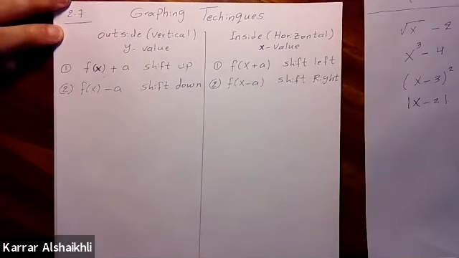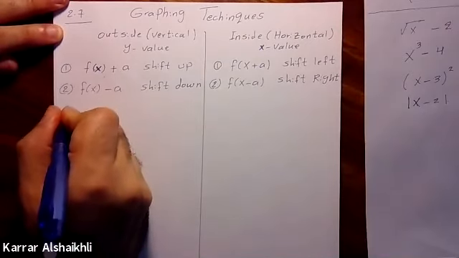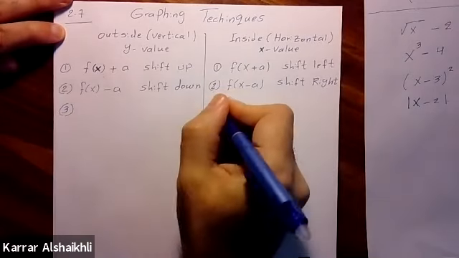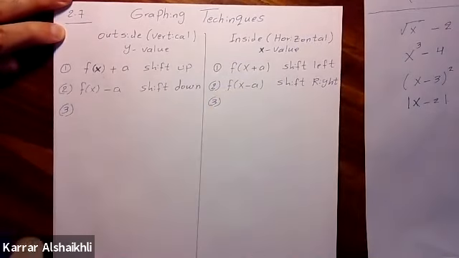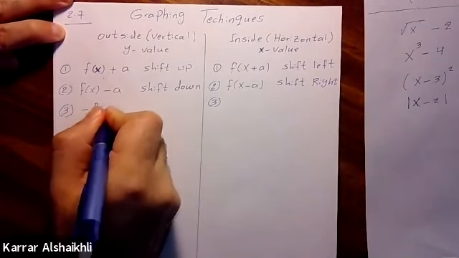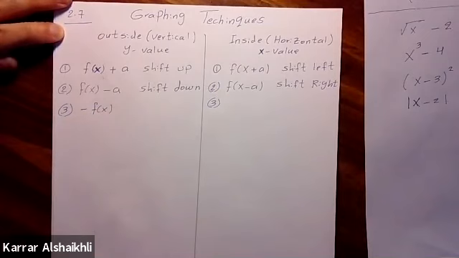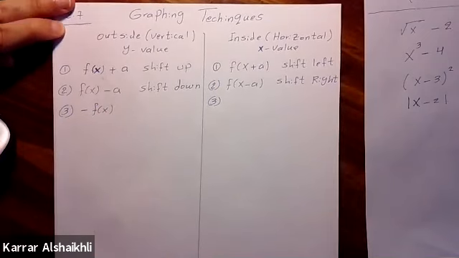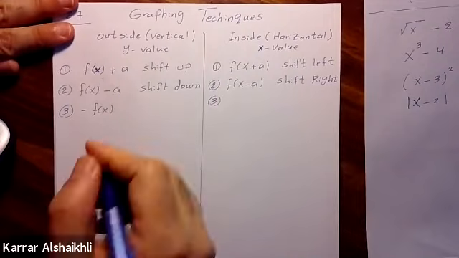If we have a negative sign outside the function, it's going to be reflect over the x-axis.